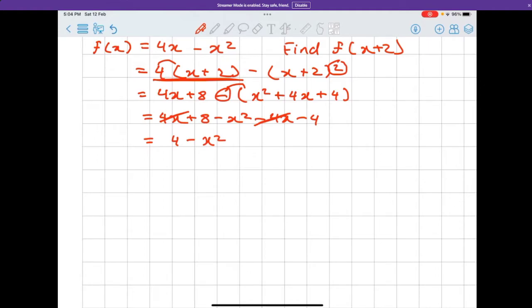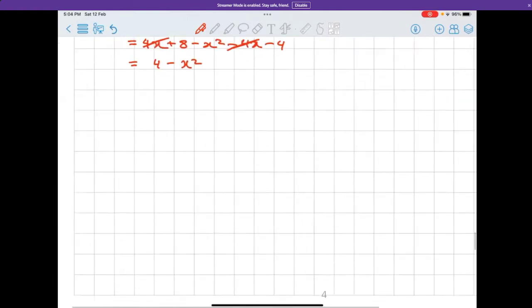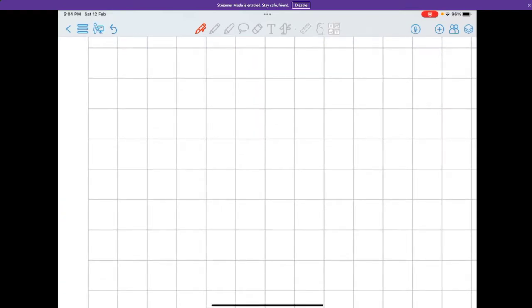Now, for the next part, it's piecewise functions. Piecewise functions are pretty straightforward. They're pretty easy to understand once you see them explained in a certain way. So let's imagine we have f of x equals x squared plus 1, x minus 2.